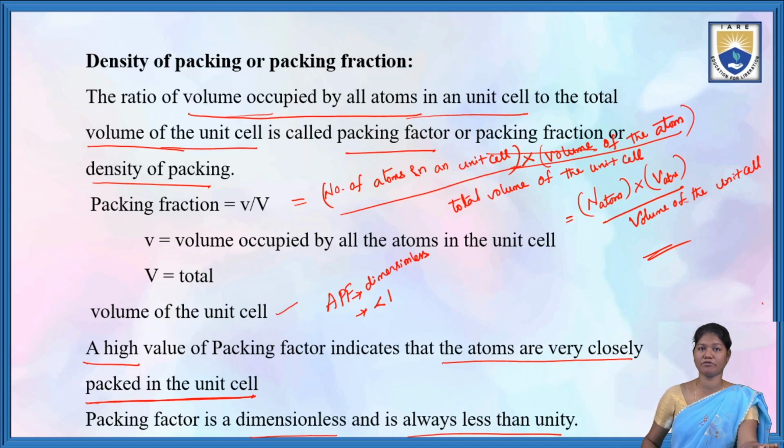Why are we taking the unit cell itself? Because the unit cell is a repetition, the building block of a crystal. So if we take a single unit cell, then we can calculate for the entire crystal.